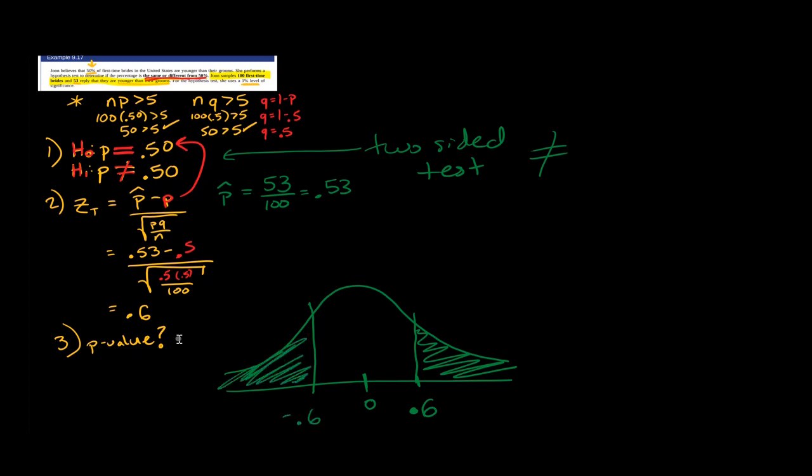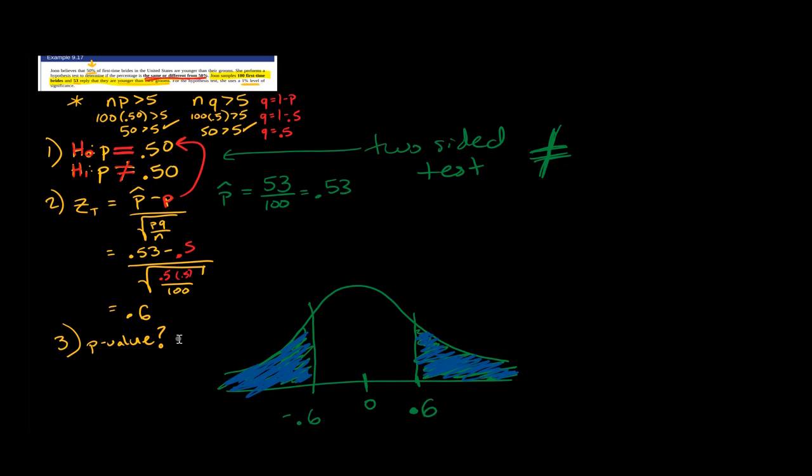So it could be above 0.6 or below negative 0.6. And that's basically the not equal two-sided test p-value. But notice that because this is a symmetric distribution, what I'm marking in blue is exactly the same as what's over here. The normal distribution is symmetric. So if I find one of these areas, then I can just multiply it by 2.